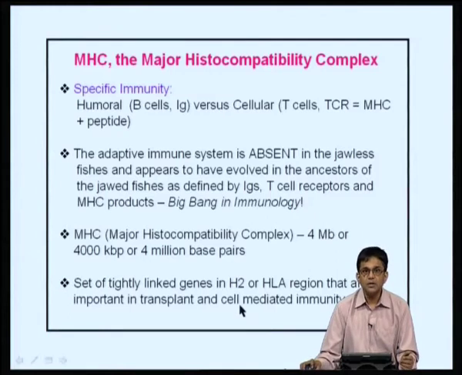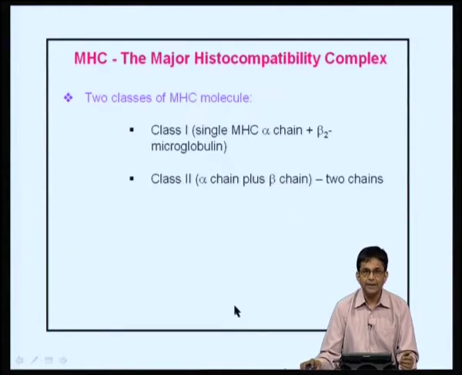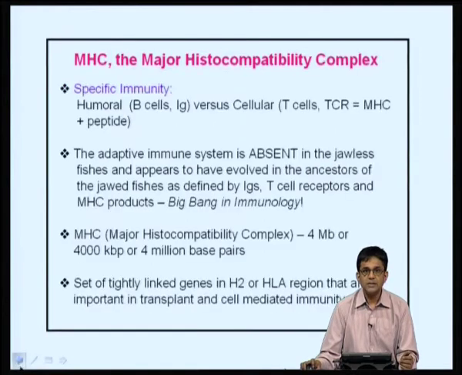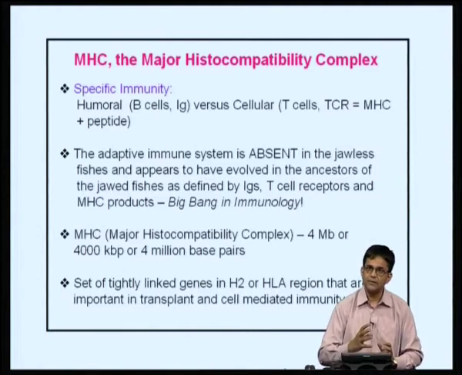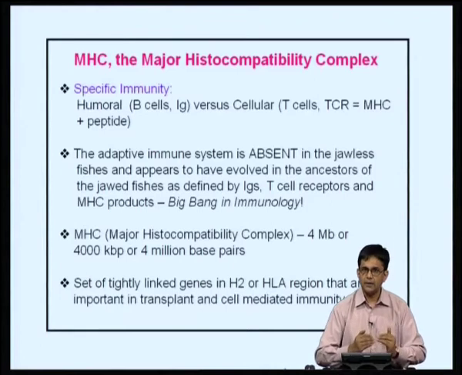As previously mentioned, it is a set of tightly linked genes that play an important role in transplant and cell mediated immunity, primarily because they present the peptides to T cells, and you have T cells that can recognize self versus foreign MHC, and so on.